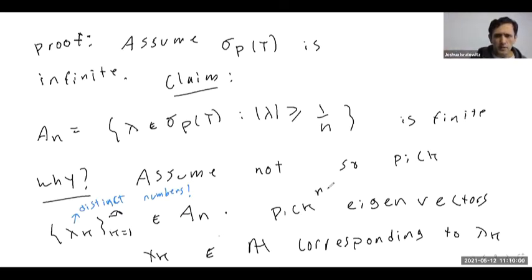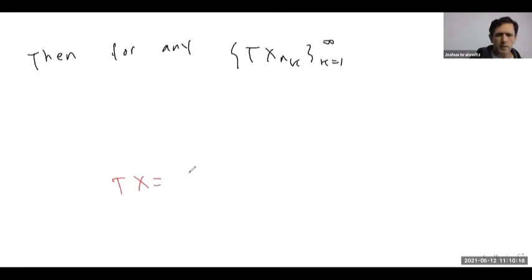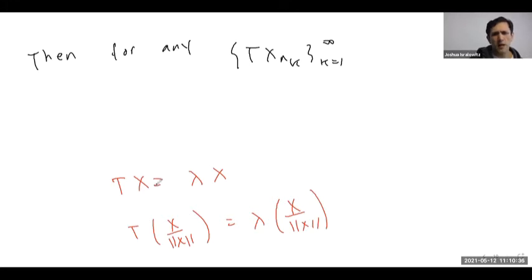Actually, let's pick normalized eigenvectors. If you have Tx equals lambda x, and x is not equal to 0, then you also have T of x over the norm of x equals lambda times x over the norm of x. So you can always pick a normalized eigenvector corresponding to an eigenvalue lambda, because by assumption x is not 0.